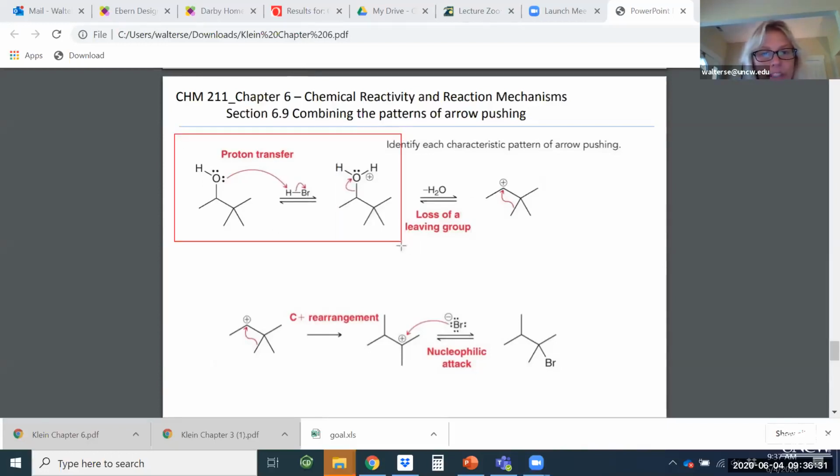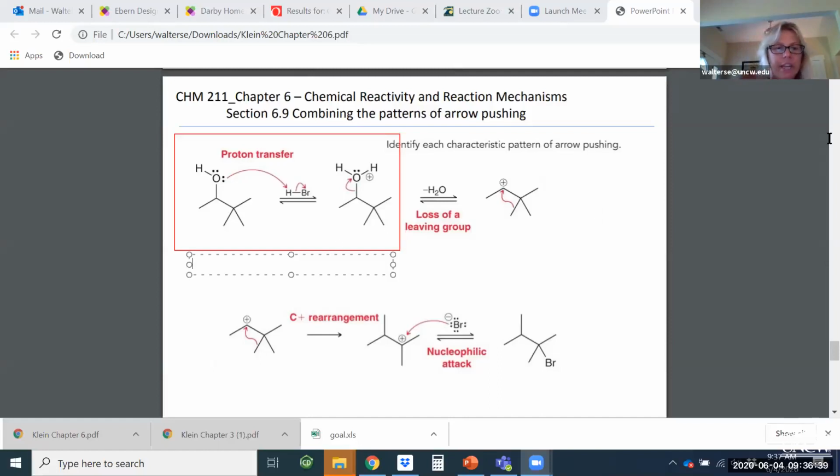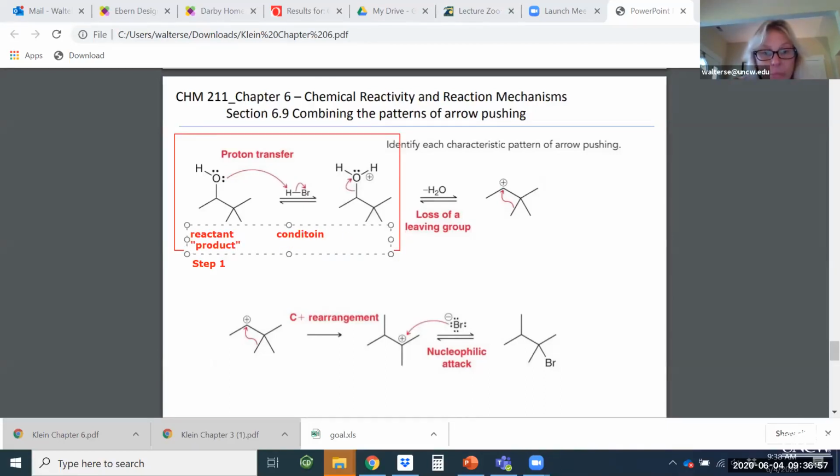This part in the red box would be step 1. This would be the reactant. This would be the condition. And this would be, we're going to put it in quotes, the product. It's only the product of step 1. It's not the product of the reaction. So if you look inside the red box, you would say, well, what's happening inside the red box?